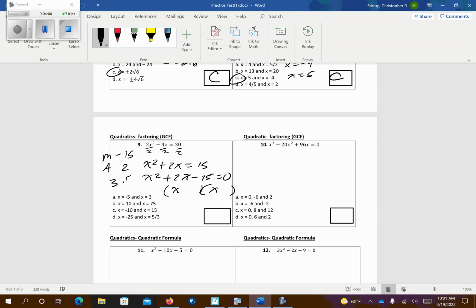So 3 and 5 are going to work. So I have a positive and I have a negative. So it's going to be a positive 5 and a negative 2. Set up both those equal to 0, so x equals negative 5. And x is equal to positive 2. Oop, that should have been a 3. I'm so sorry. I don't know what I was thinking. So that should have been positive 3. So negative 5, positive 3. So that's answer A.